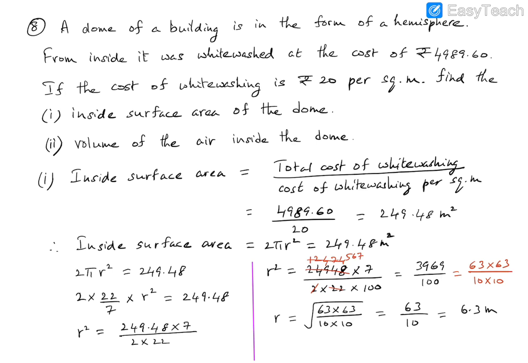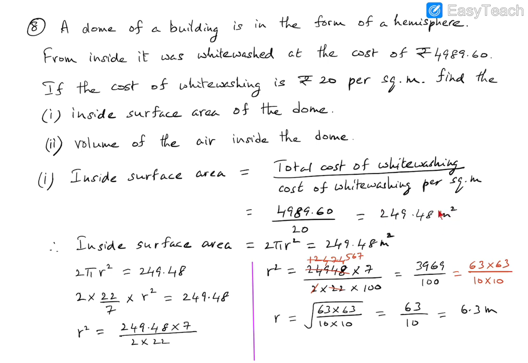Again, in this particular question, the radius of the dome is not given to us directly, so we had to first calculate the inside surface area by using our basic knowledge of dividing the total cost by the cost of whitewashing per square meter to obtain the inside surface area.